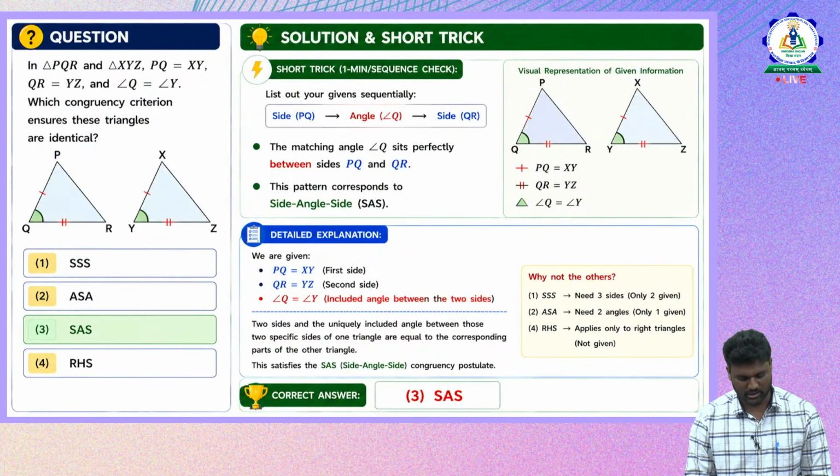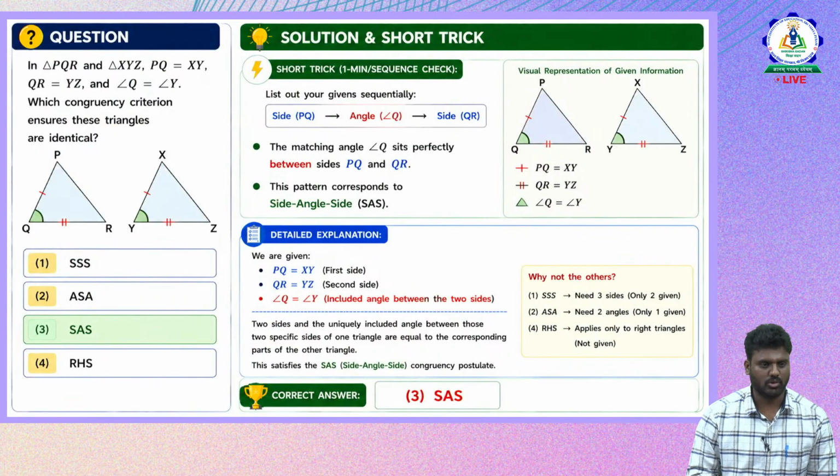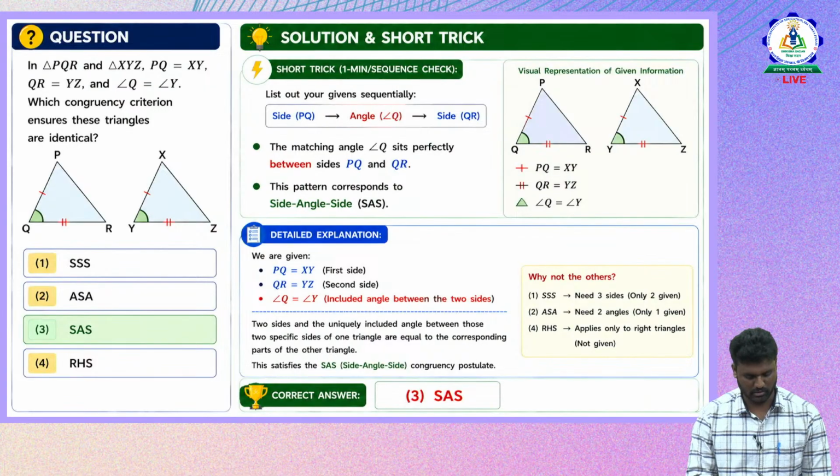Now the next one: in triangle PQR and triangle XYZ, PQ is equal to XY, QR is equal to YZ and angle Q is equal to angle Y. Which congruency criterion ensures these triangles are identical? That is what we need to identify.